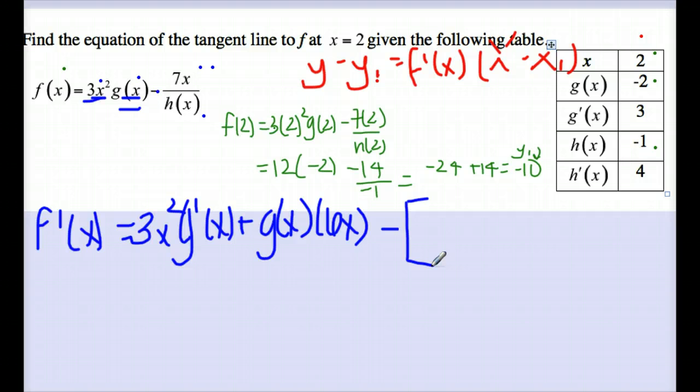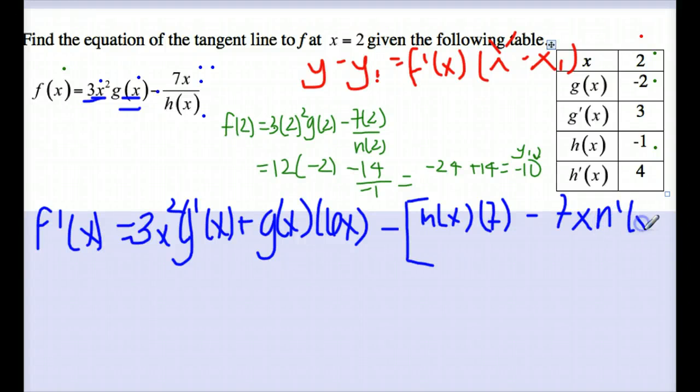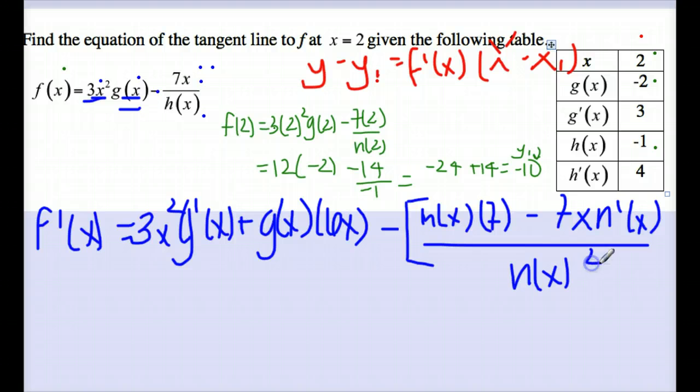So I'm going to get the bottom, which is h of x, times the derivative of the top, which is 7, minus the top, 7x, times the derivative of the bottom, which is h prime of x, all over the bottom squared, right? If I do this, now I can plug in 2.